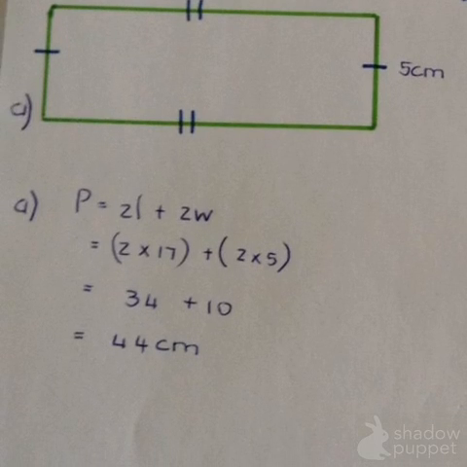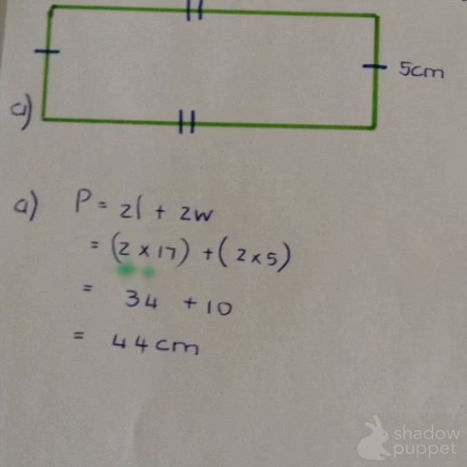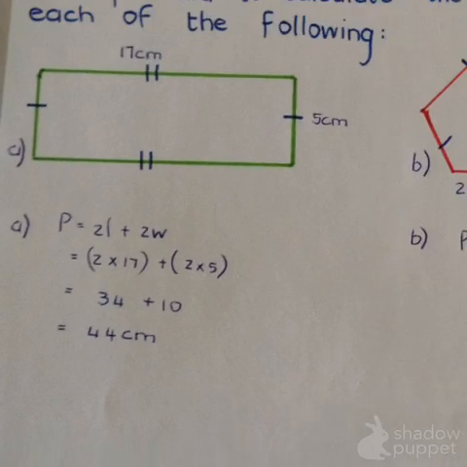Only for number 2, where it says use a formula, I want you to use the formula. So my formula is 2 times L plus 2W. So that's 2 times 17 plus 2 times 5, which gives you 34, plus 10, which gives you 44.